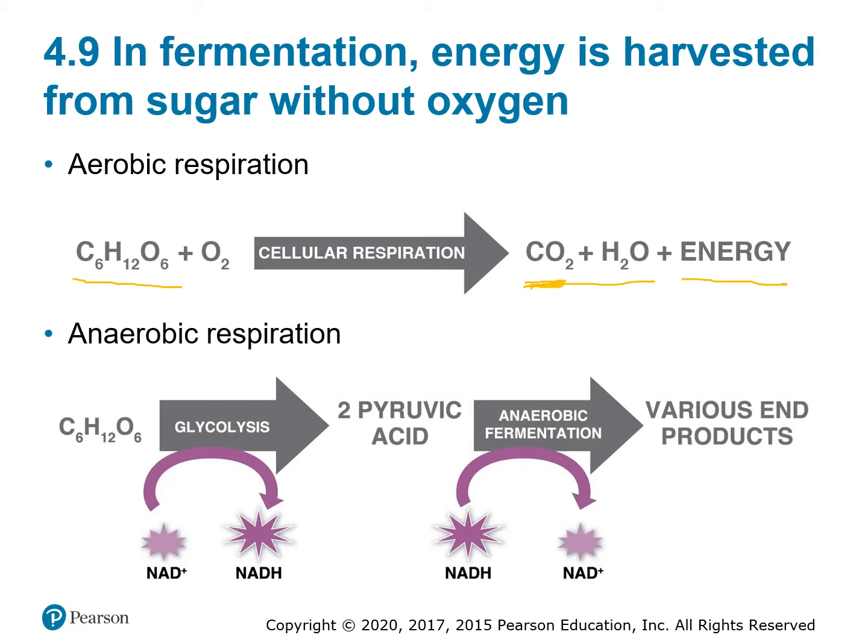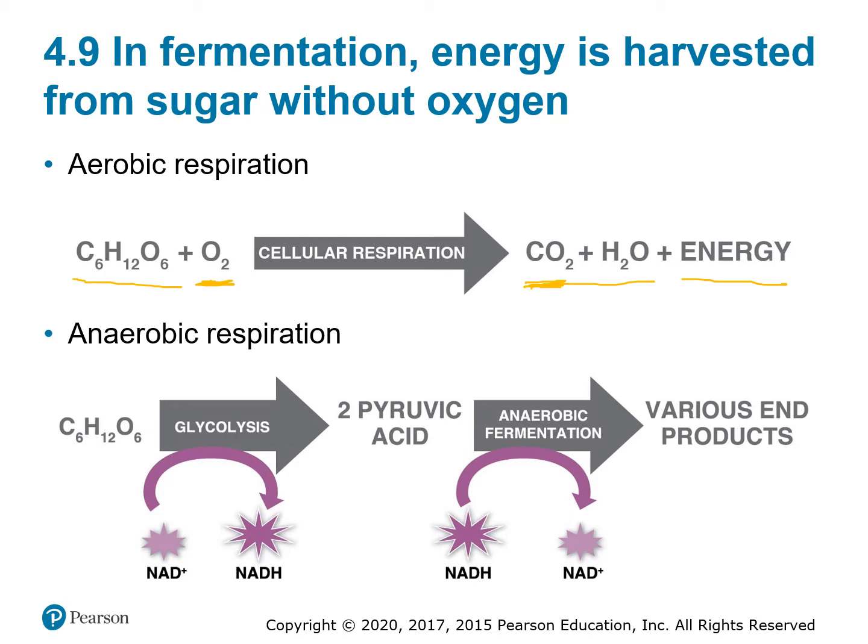And remember, oxygen must be present. It is the final electron acceptor in the electron transport chain, the third part of aerobic cellular respiration. And with that, large amounts of ATP are made, usually like 34 to 36 ATP molecules.